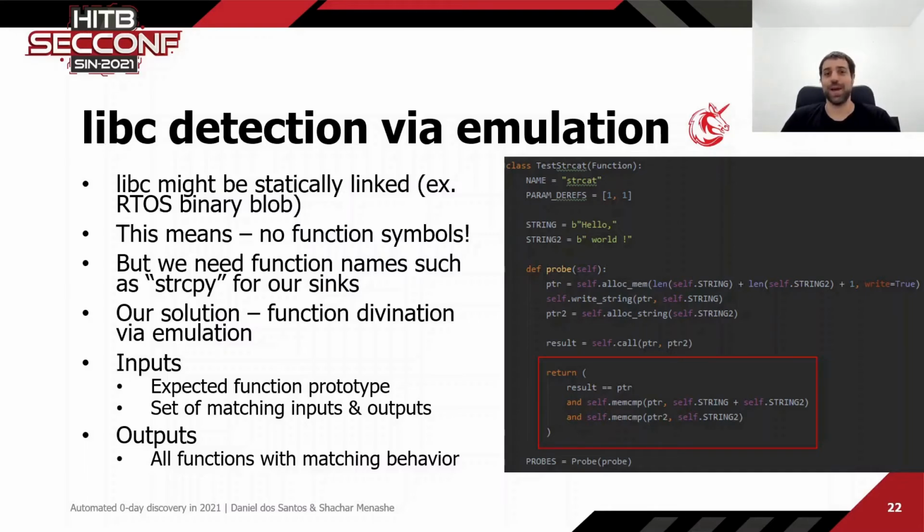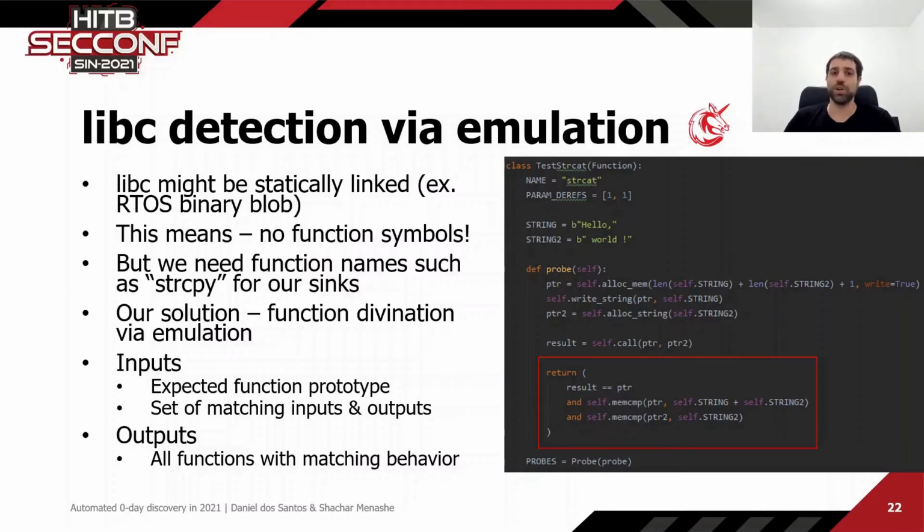So what we do is we use emulation with test cases in order to determine which function we're looking at. For every unnamed function in the program, we define test cases. For example, here you can see a test case for strcat.